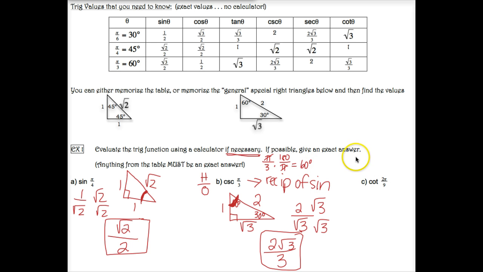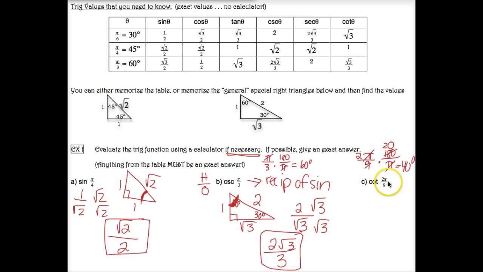We can do the same thing here, 2 pi over 9 times 180 over pi. The pi's cancel. 9 goes into 180 20 times, and 2 times 20 is 40.